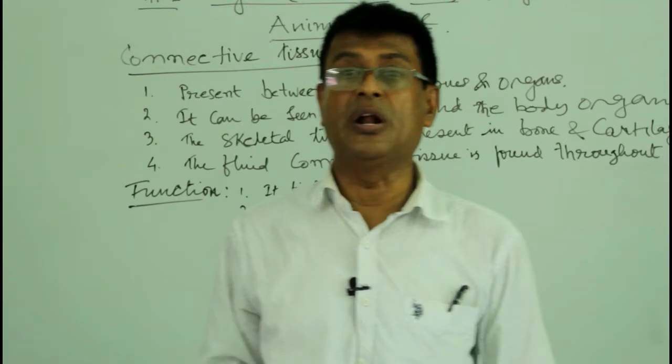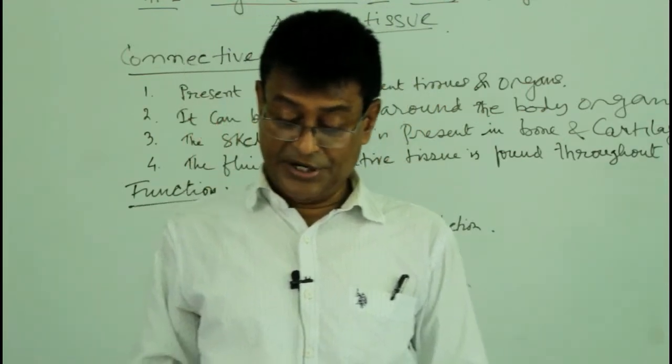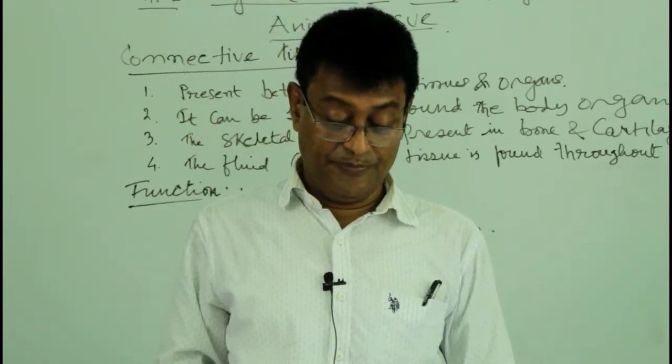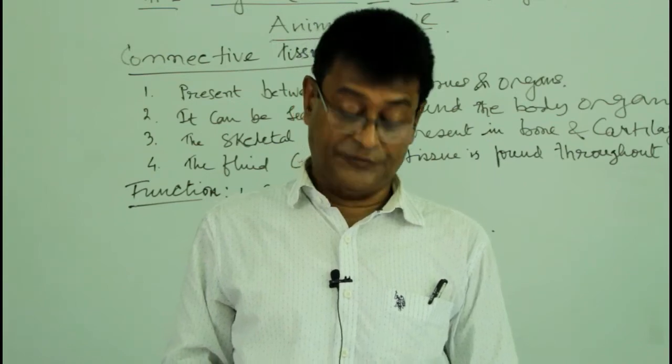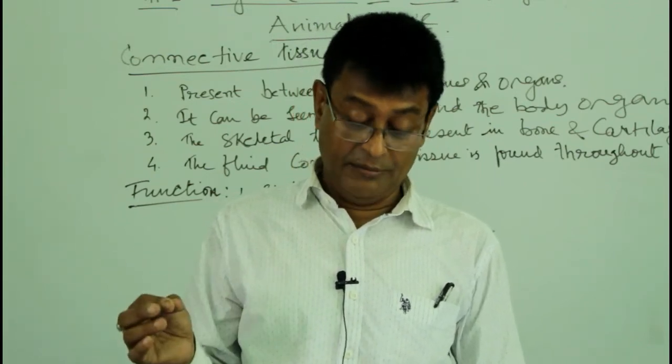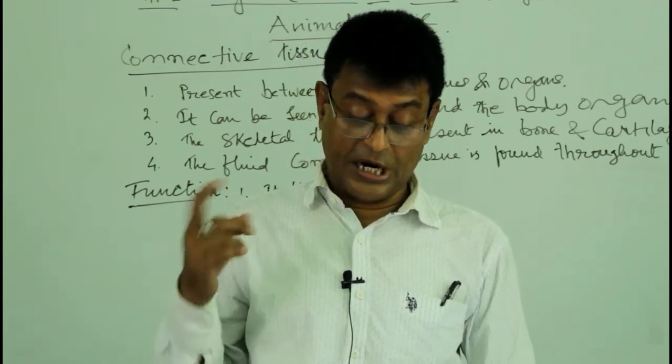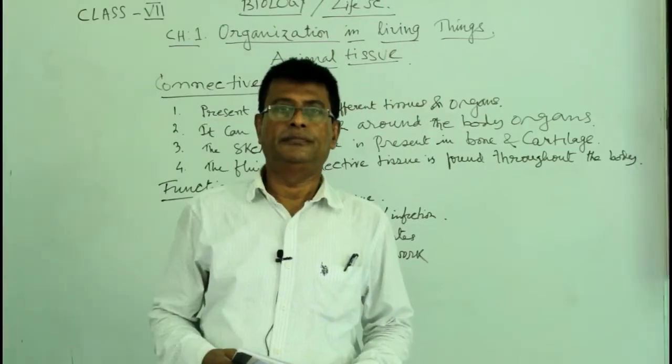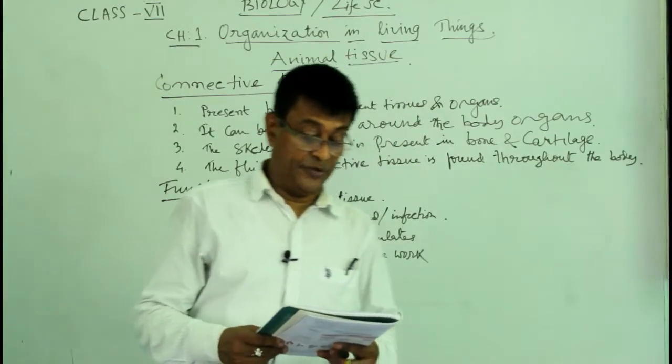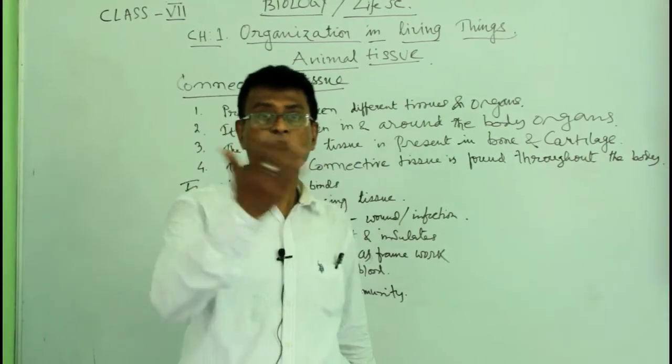Then we come to the muscular tissue. Muscular tissue is fibrous tissue, and there are three types: unstriated, striated, and cardiac. Well, we have the connective tissue, and now muscular tissue.